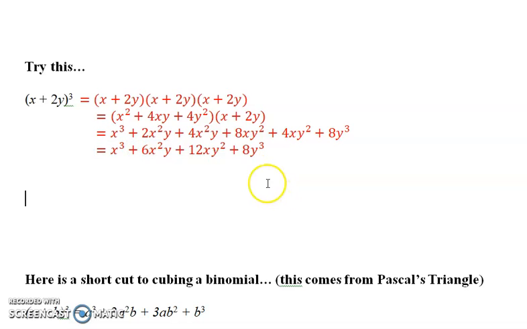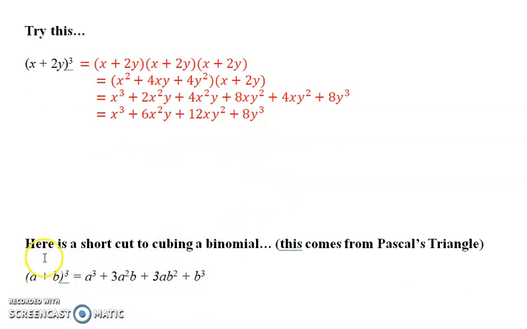Alright, and then that's finished. And there's a shortcut. If you ever see a binomial cubed, you can use what's called Pascal's triangle. That's something you can research. We won't be responsible for it, but it takes the form of this. a cubed plus 3a squared b plus 3ab squared plus b cubed. So pretty neat, and if you did that this way, you can try that on your own and it would work out. So we only got a few seconds left, so we'll see you in the next video. Thank you very much.